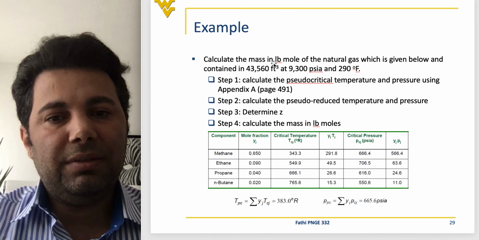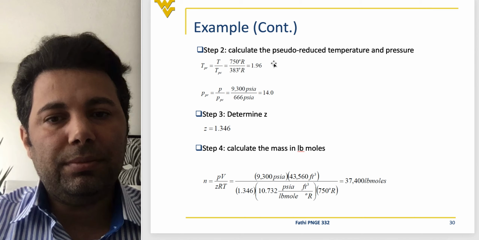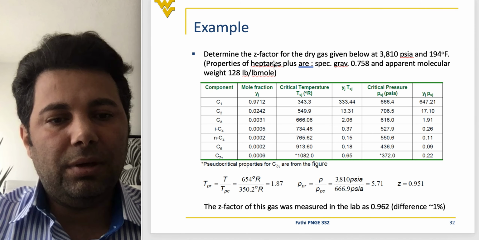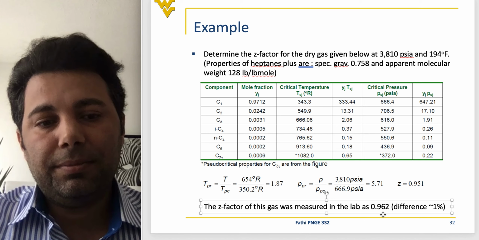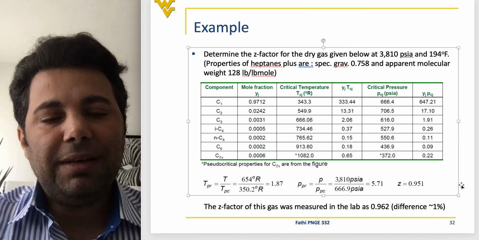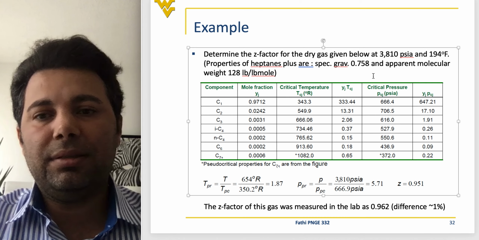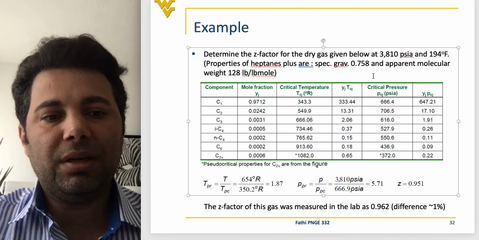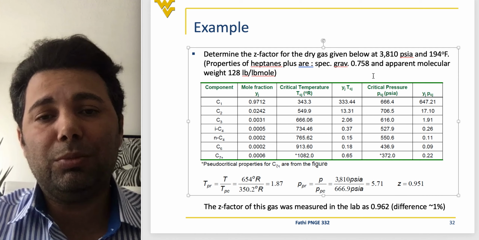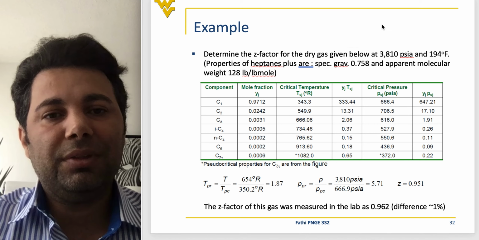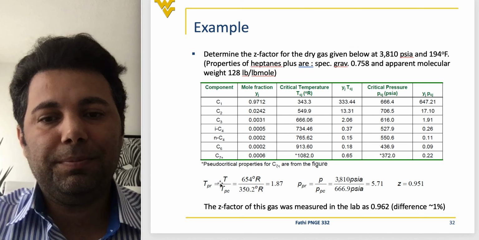The Z value obtained is 0.96. Okay, so we have the Z value. Now that I have the Z value, I can calculate any properties like density, pound mole, viscosity, specific volume, and any other properties of this mixture.